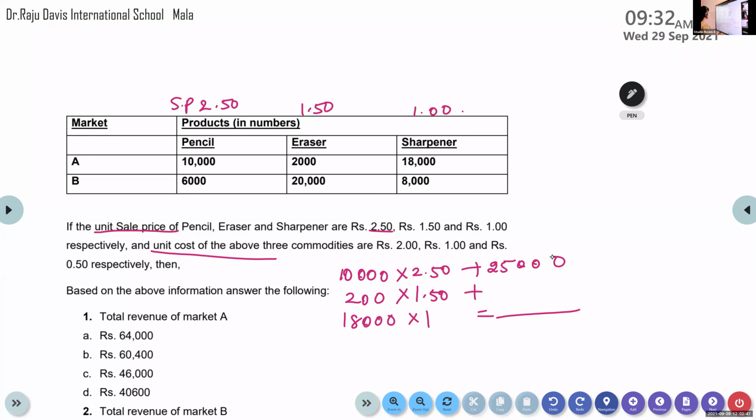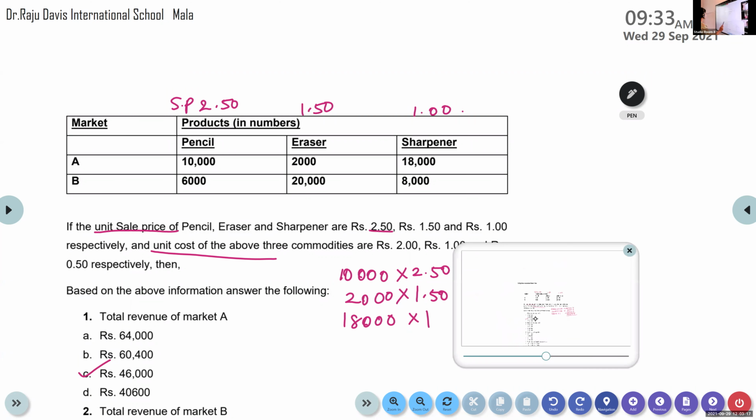And for the next one, sorry, it is 3,000. And 18,000. So it is 46,000. Maybe here I missed out a 10. I think you did it with 200 into 150. Is it correct? Yes. Okay, the answer is 46,000. Now look at the second question.